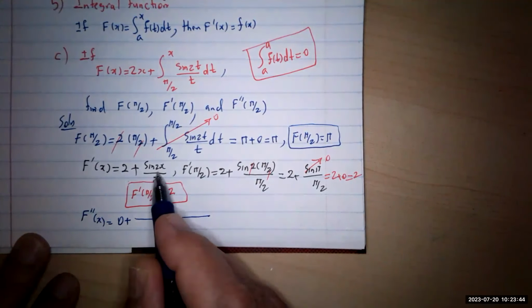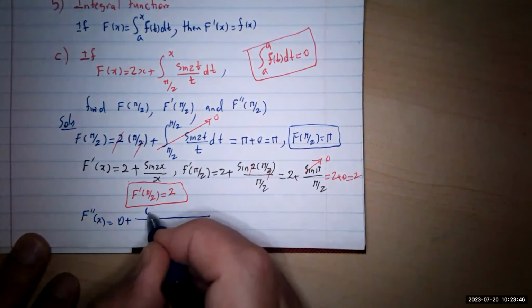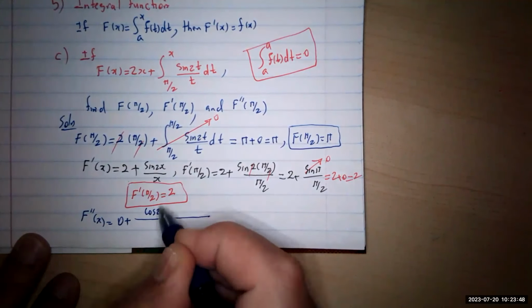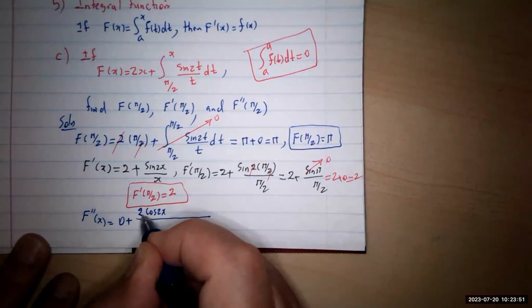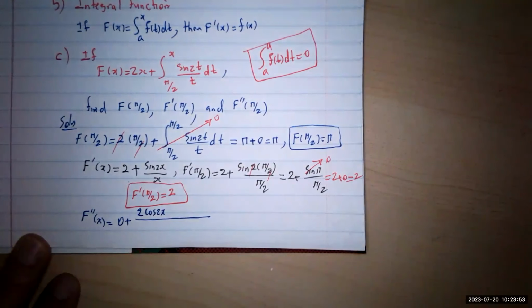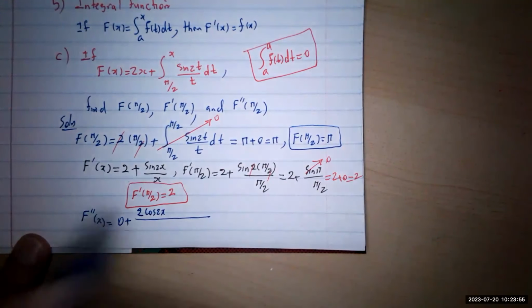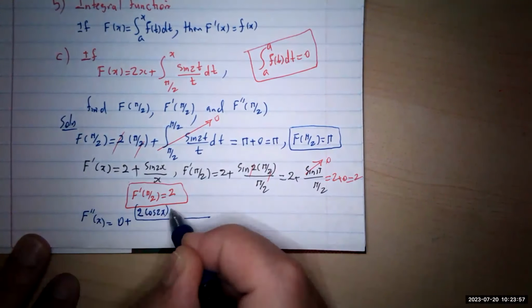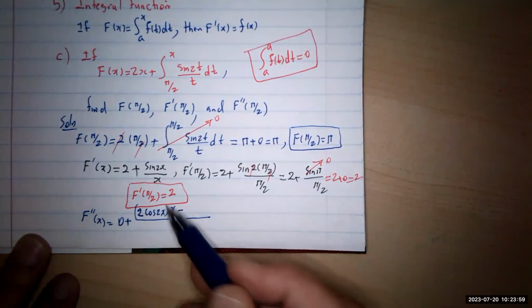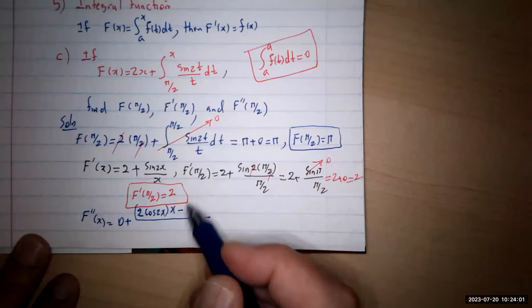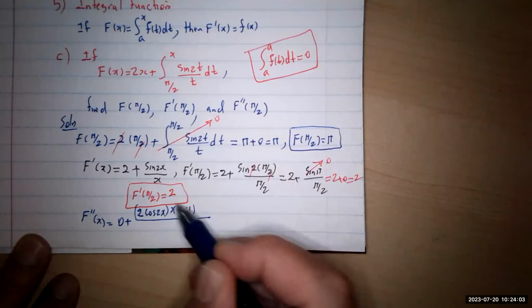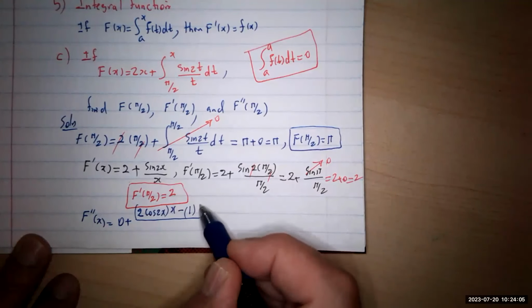Derivative of the sine is cosine, but it's a cosine of 2x, so you have to multiply by 2. That gives you 2 cosine of 2x, that's derivative of top times bottom times x, minus bottom top, derivative of bottom is 1, times top, sine of 2x.